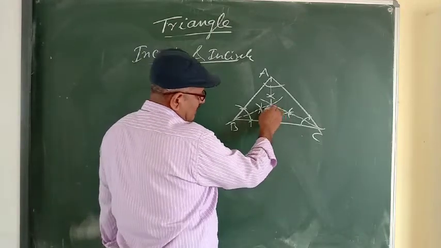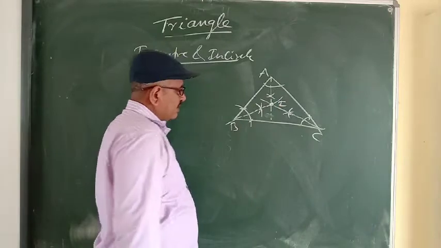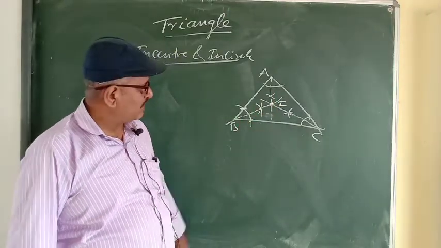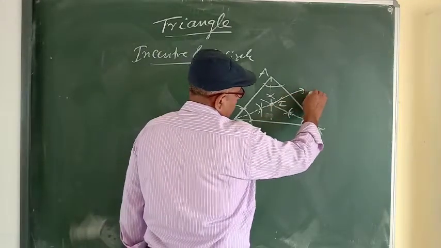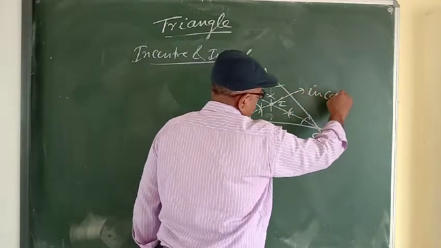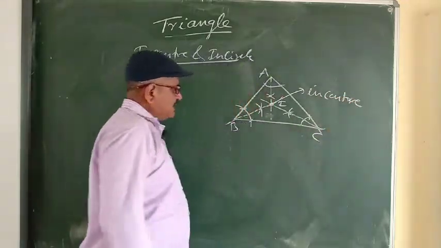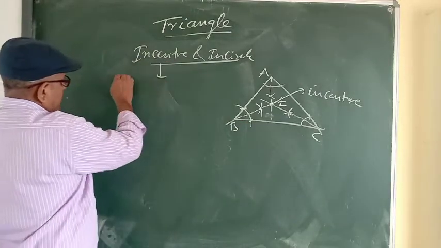These three angle bisectors meet at point I. This point I is called incenter. Incenter is what?